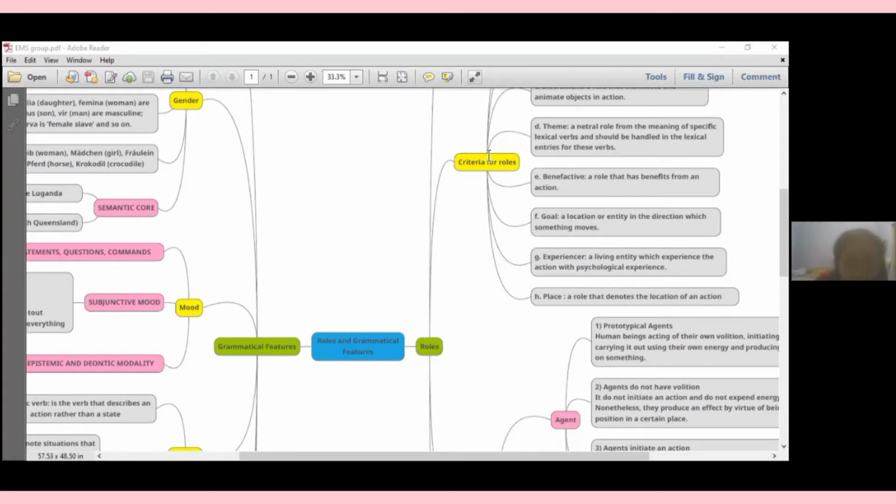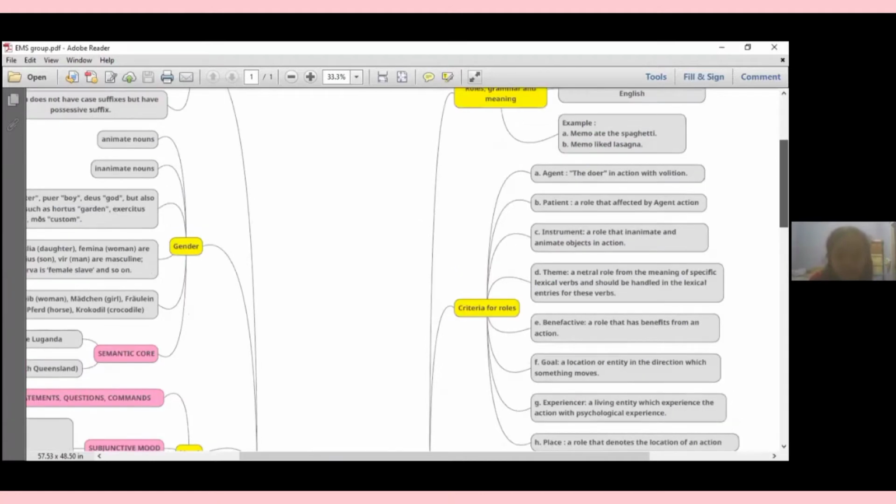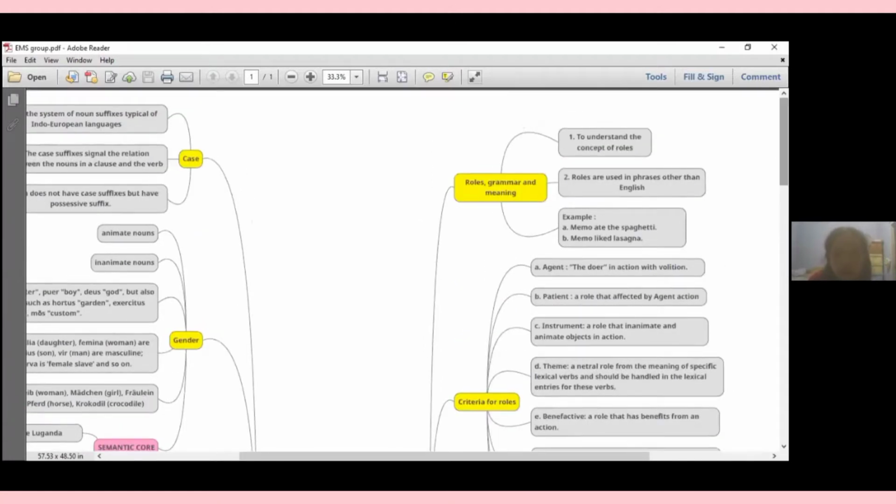Okay, let's get started on rules, grammar, and meaning. Why must we learn about rules? It is to understand how rules are used in phrases other than English.